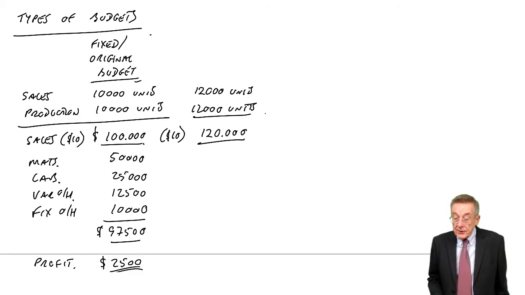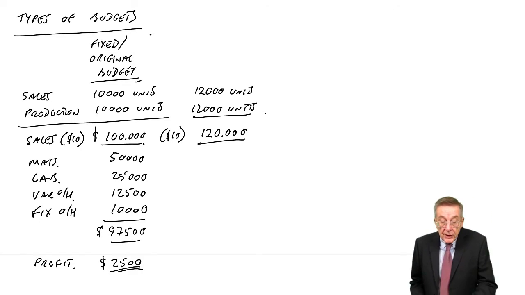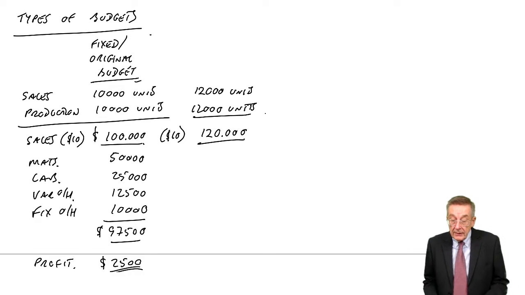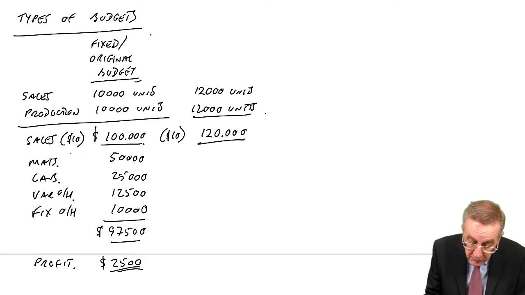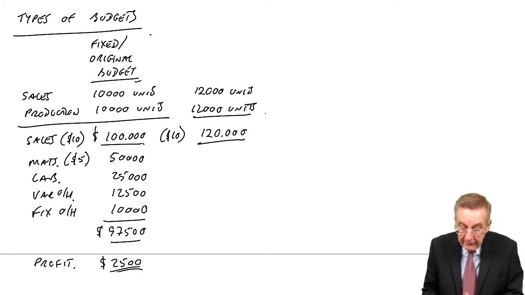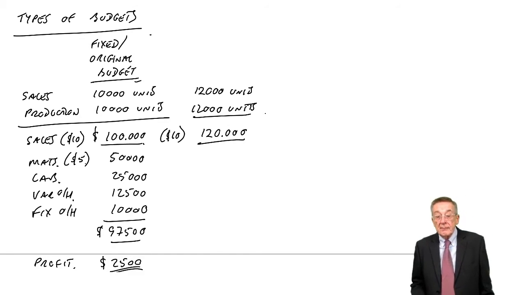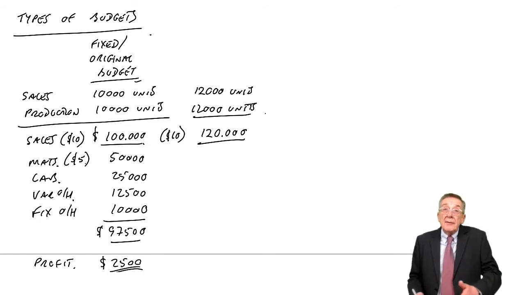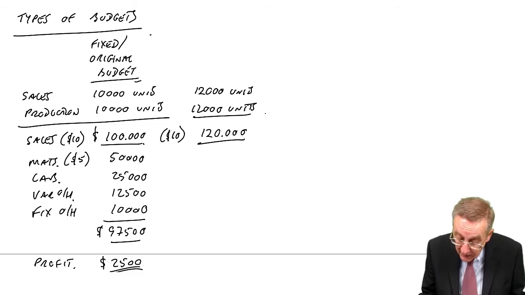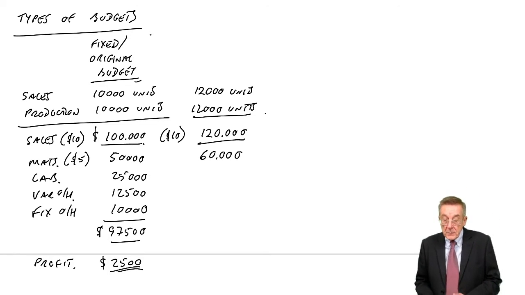What about the costs? Well, the original budget for materials was 50,000 for 10,000 units, which was $5 a unit, 50 divided by 10. Given that we produced 12,000 units, surely at $5 a unit, you would have expected to spend 12,000 at 5 is 60.